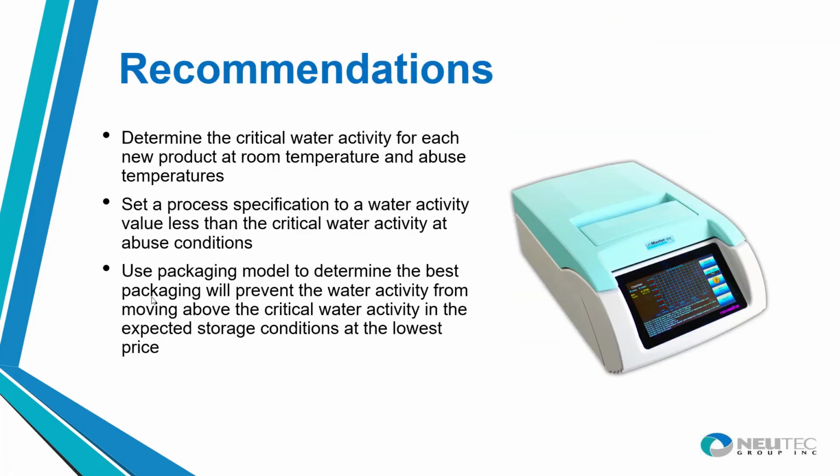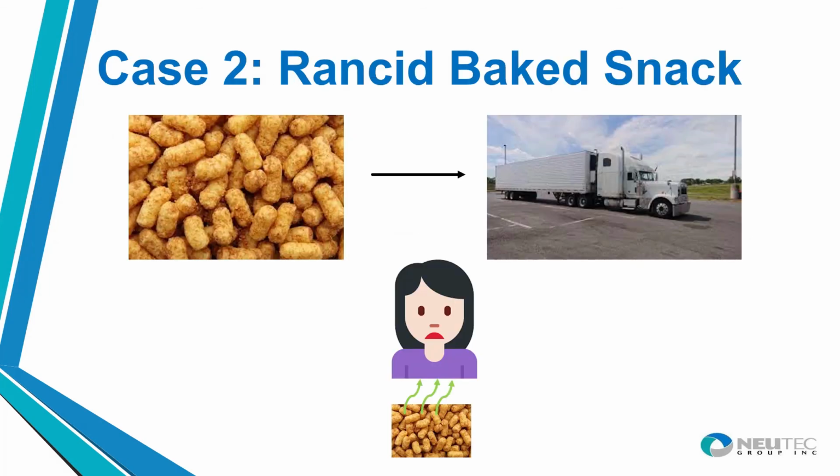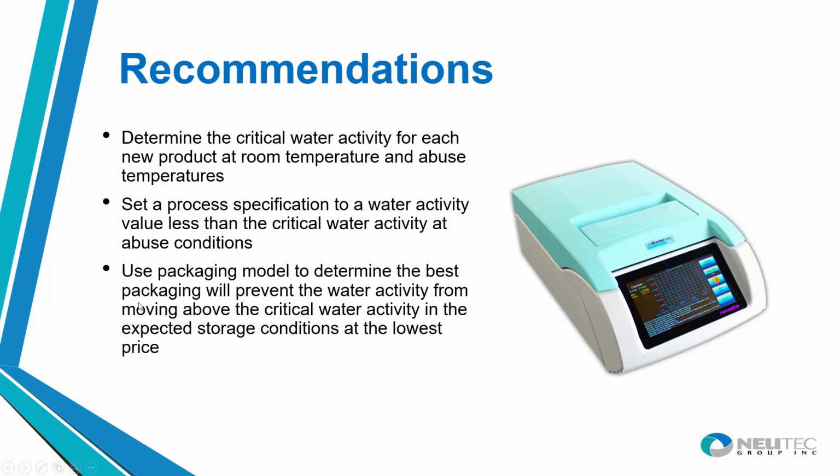So we help the customer set their specification to a value less than that, to make sure that they manufacture their powder to a water activity that's safe. And then make sure that they check that by measuring water activity. So that critical water activity can be checked to make sure they're below it using just water activity instrumentation. That's something that they would need to do routinely.